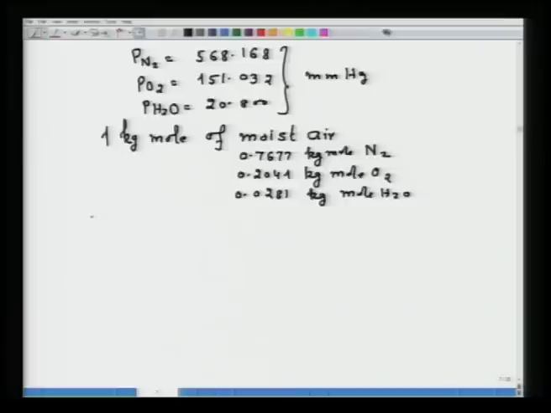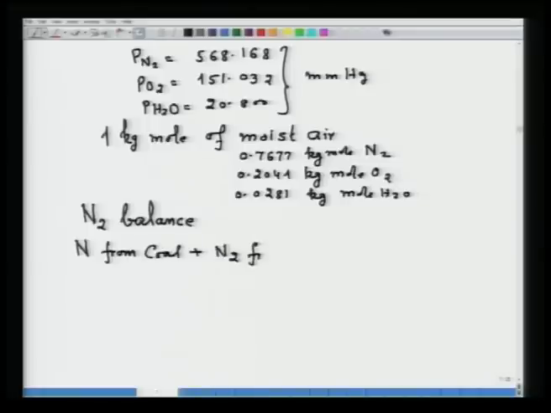Now, we can do the nitrogen balance. The nitrogen balance is simple: N from coal plus N2 from air is equal to nitrogen in producer gas.